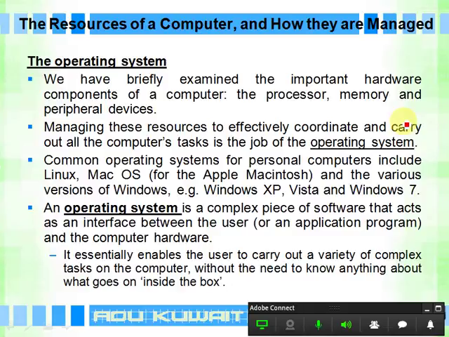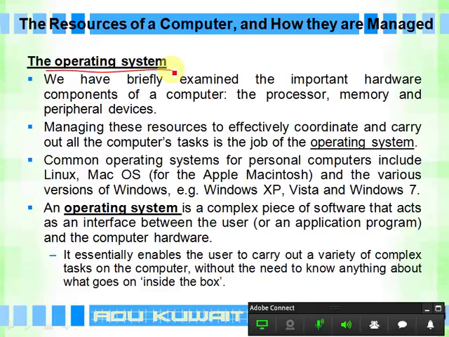Okay. Now to run this hardware, to make use of this hardware, we need software. So to run our computer, we need software called an operating system. What is an operating system? It means that which operates the computer.